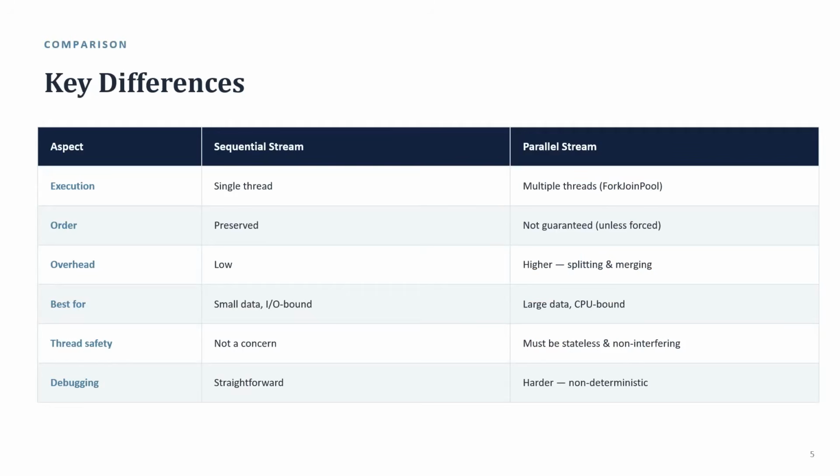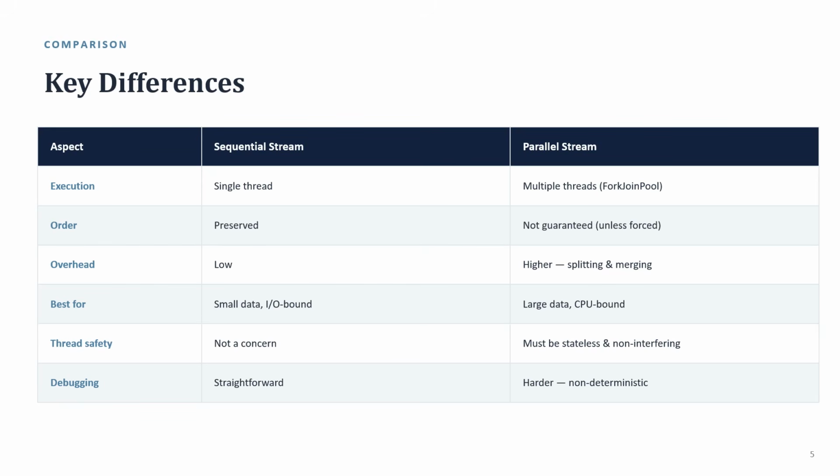Let's move on. These are the key differences. On the execution side, stream is single threaded and parallel stream is multi-threaded. Ordering is preserved in stream, whereas ordering is not guaranteed in parallel stream. Overhead in a sequential stream is low, whereas in a parallel stream it is high.